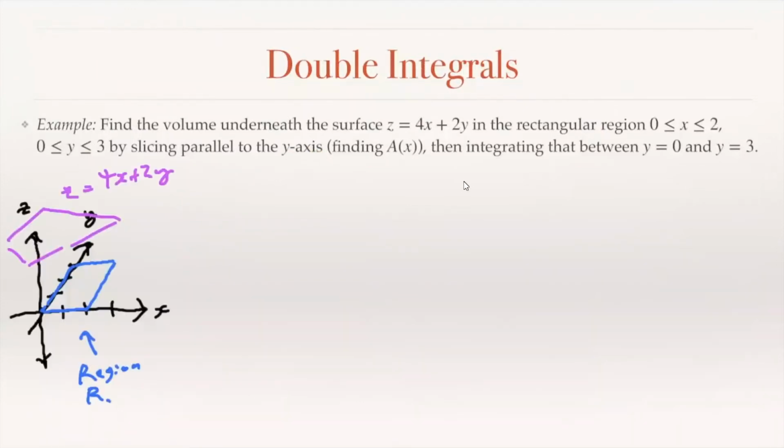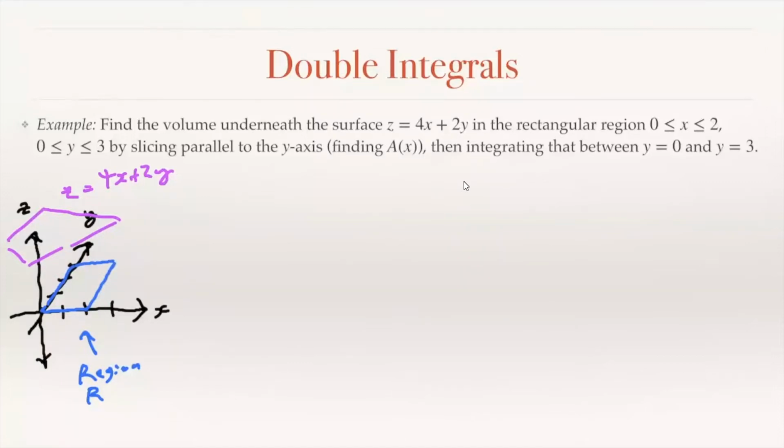So let's visualize what's happening. In my head, I think of this kind of picture. We have some shaped surface above this rectangular region given by x between 0 and 2 and y between 0 and 3. And we want to find the volume underneath this purple function above this blue rectangle.